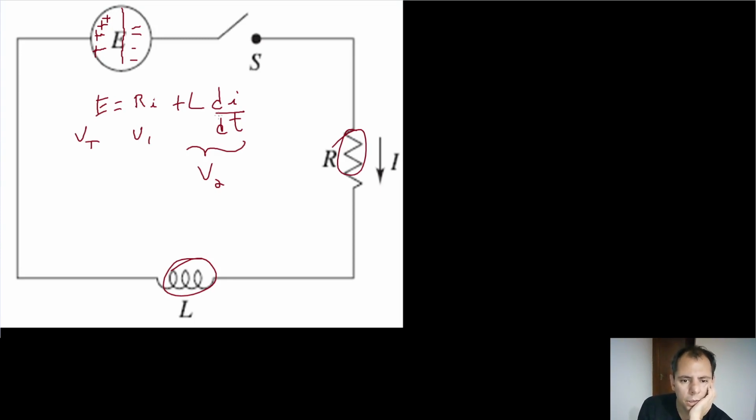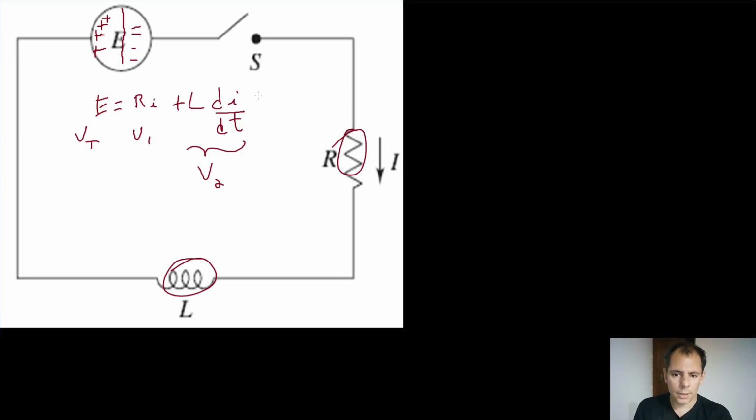But here's the thing. The voltage of the inductance is according to the change in current. Okay, so in the beginning there's no current. As soon as you close in here, the current starts becoming larger and larger. And as long as it's changing, there's going to be a voltage drop in here.